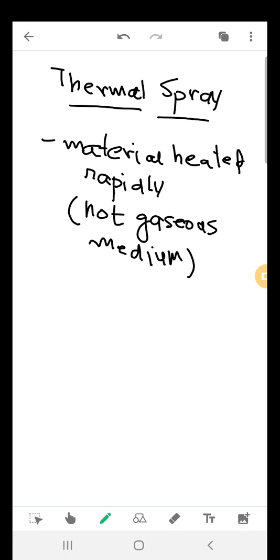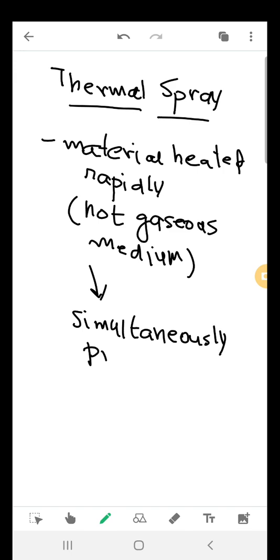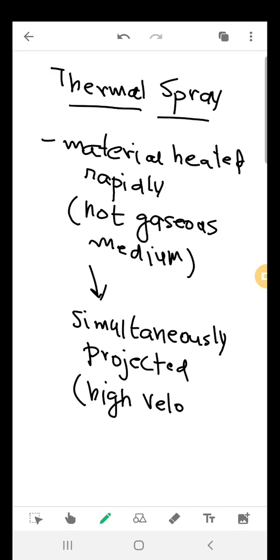and it is then simultaneously projected at a very high velocity onto the substrate to form the coating.